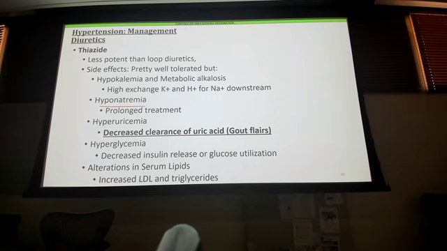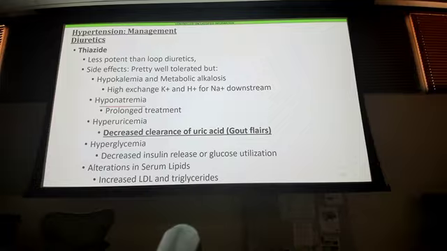What are the secondary impacts of having an electrolyte abnormality in any of those things? It kind of depends on the organ system that you're focused on. But just knowing that those electrolytes are going to be affected by being on this medication, you need to monitor them closely.